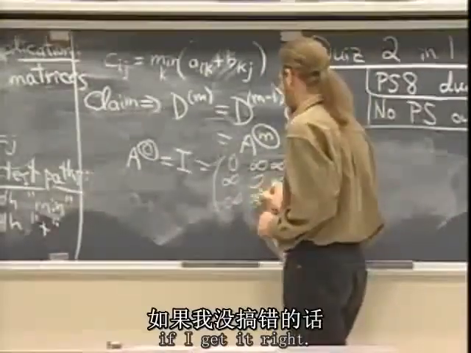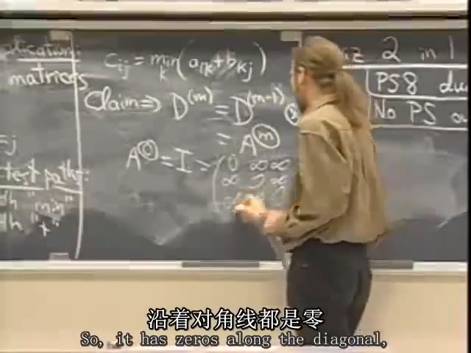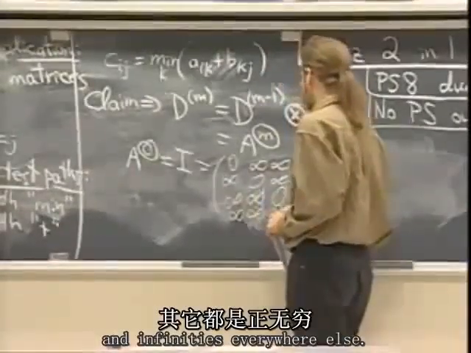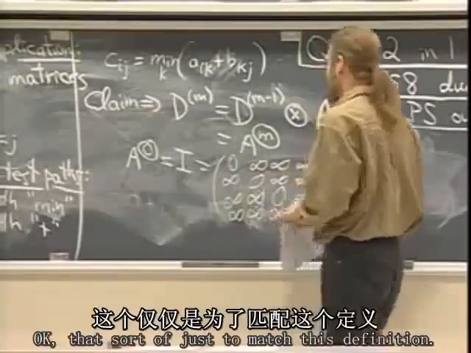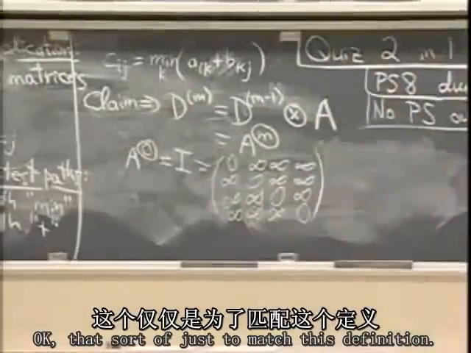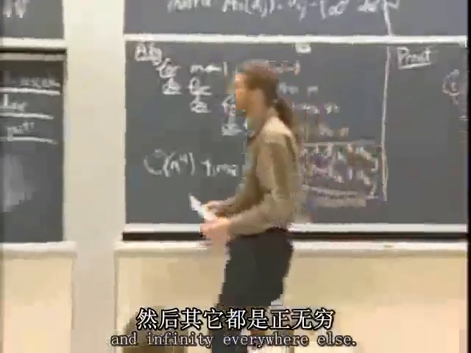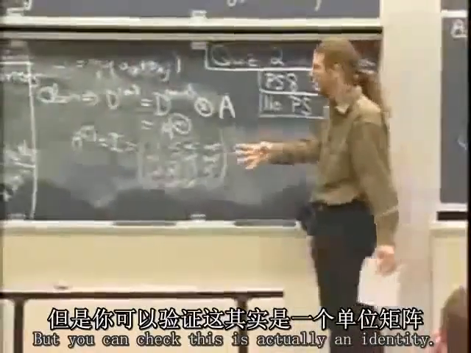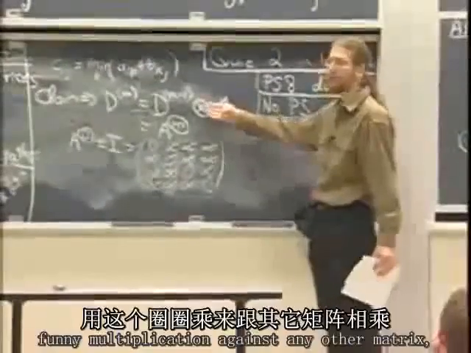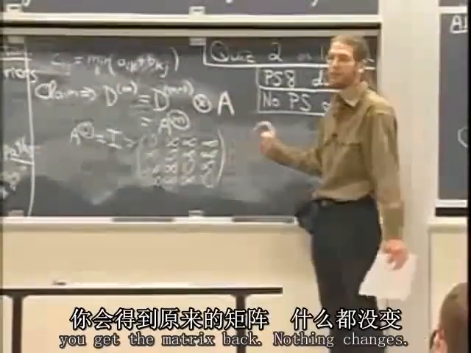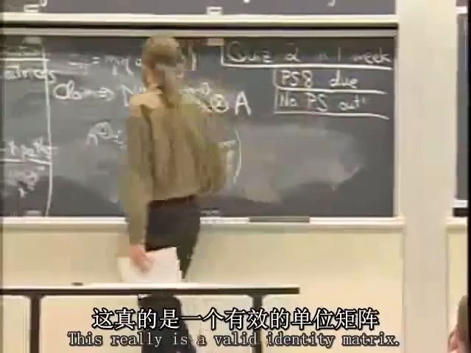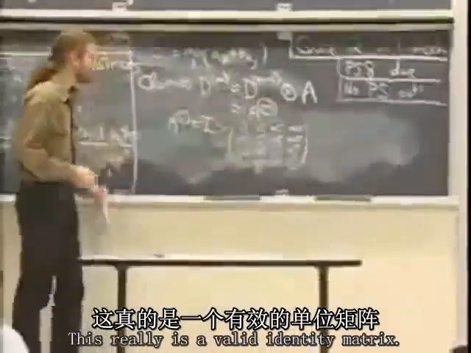It has zeros along the diagonal and infinities everywhere else. That's just to match this definition: Dij 0 should be zeros on the diagonal and infinity everywhere else. But you can check this is actually an identity. If you multiply it with this funny multiplication against any other matrix, you get the matrix back. Nothing changes. This really is a valid identity matrix.